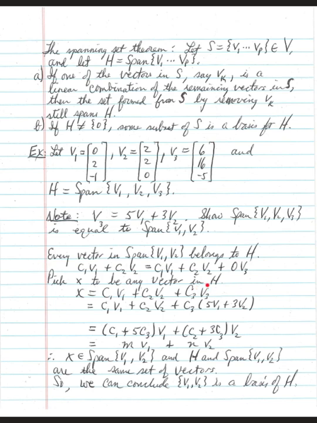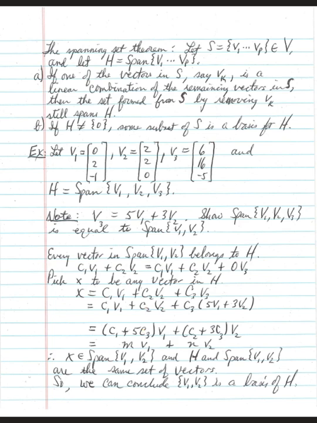But we replace V3 with 5V1 plus 3V2, because up here in the note we saw that V3 can be replaced with those two. Now separate and sort. V1 has a C1 and a 5C3 attached.